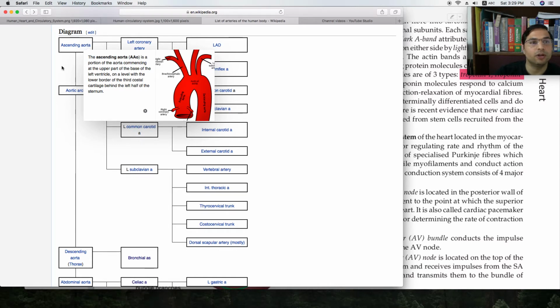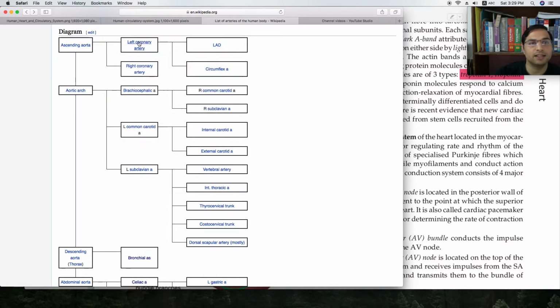Left coronary artery again gives two branches, left anterior descending branch and left circumflex artery. We will study about this later. Whereas the right coronary artery does not give any branches, right?